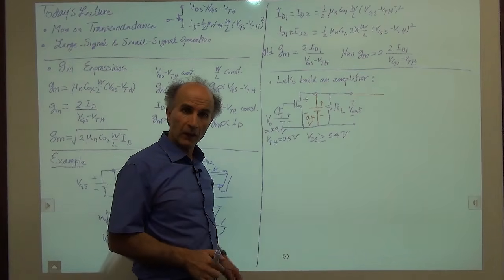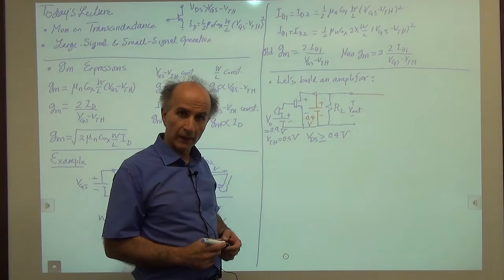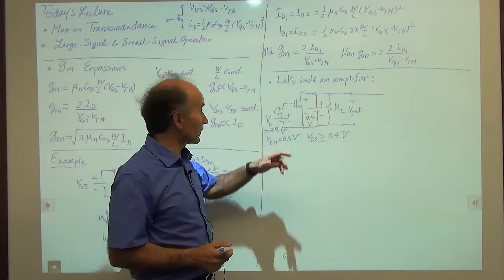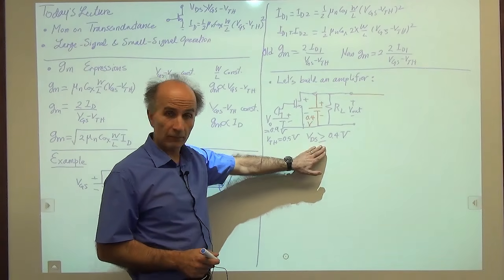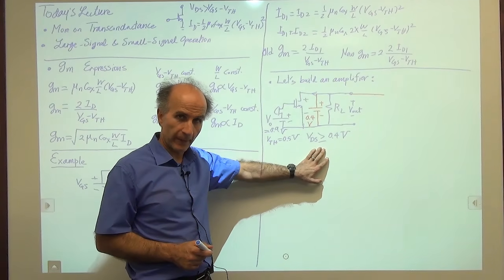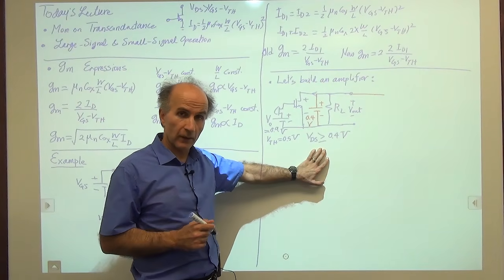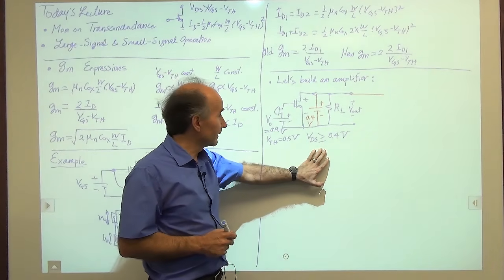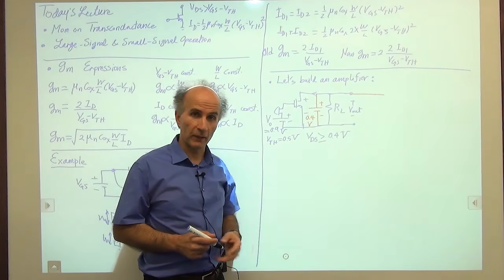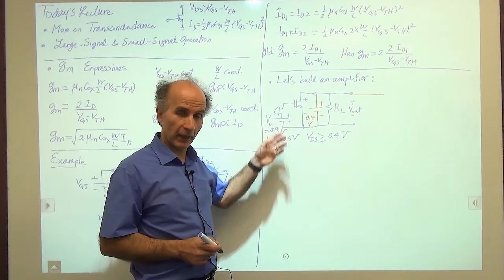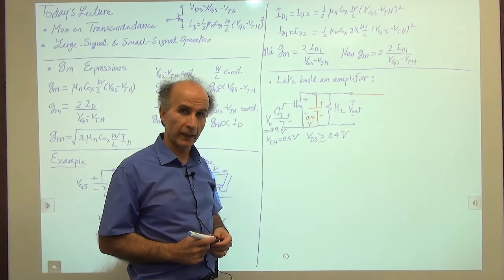Okay, so what did you decide? Can we use a battery like so to guarantee VDS equals 0.4 volts? Well, yes, we could. The only problem is that now we don't have an output signal anymore, even though I am talking to the microphone. Why?